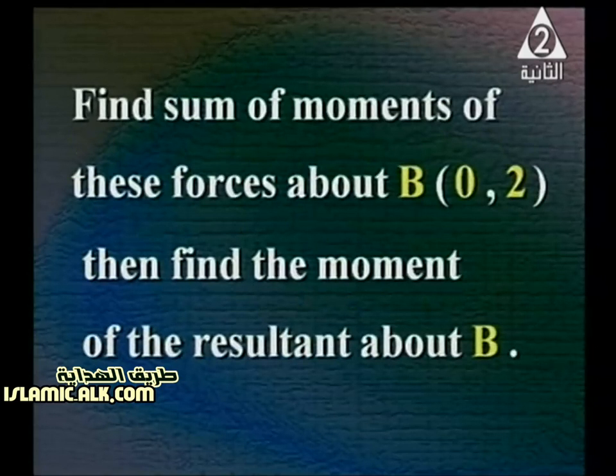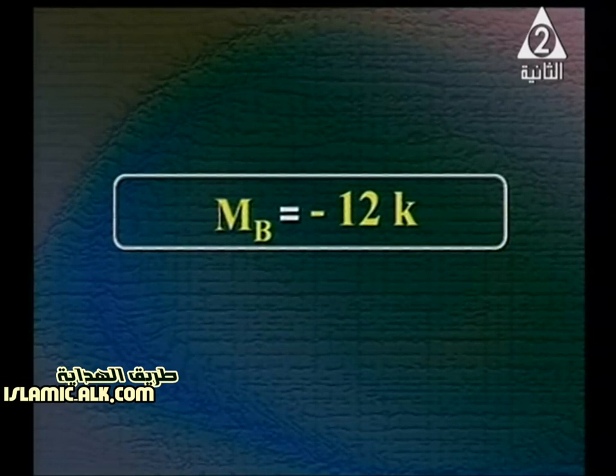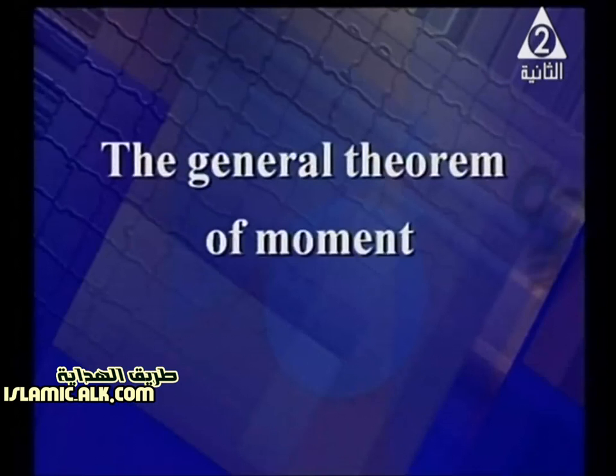What is required? Find the sum of moments of these forces about B (0, 2), then find the moment of the resultant about B. Using the previous rules, we find the moment of all forces equals negative 12 K.